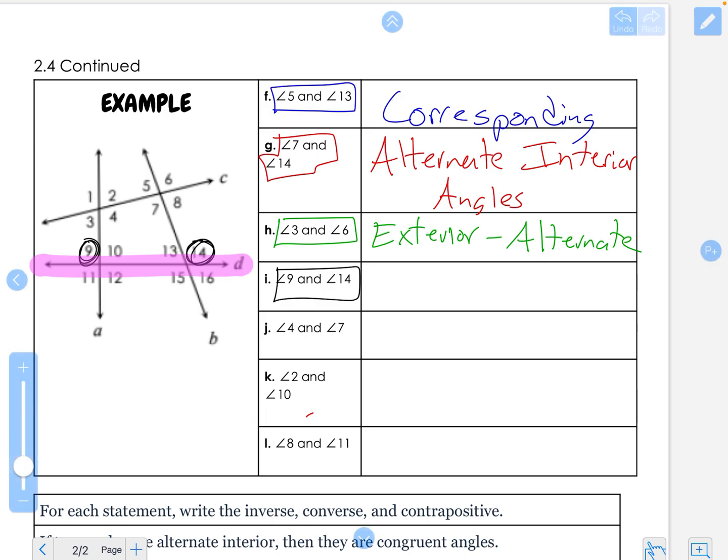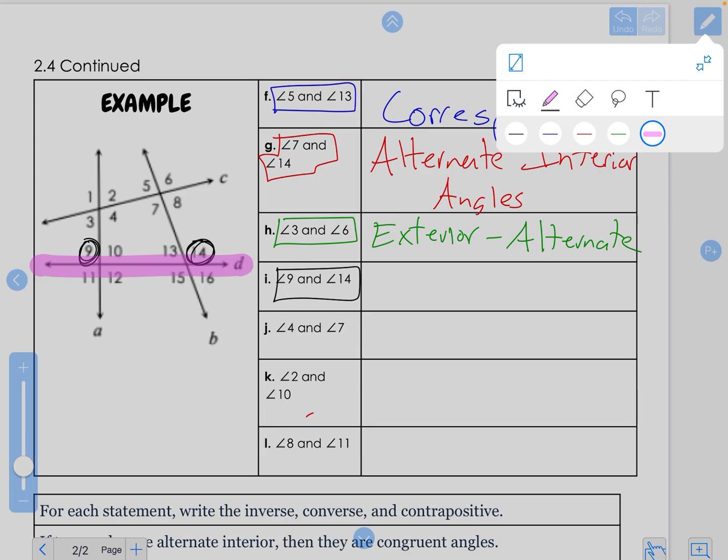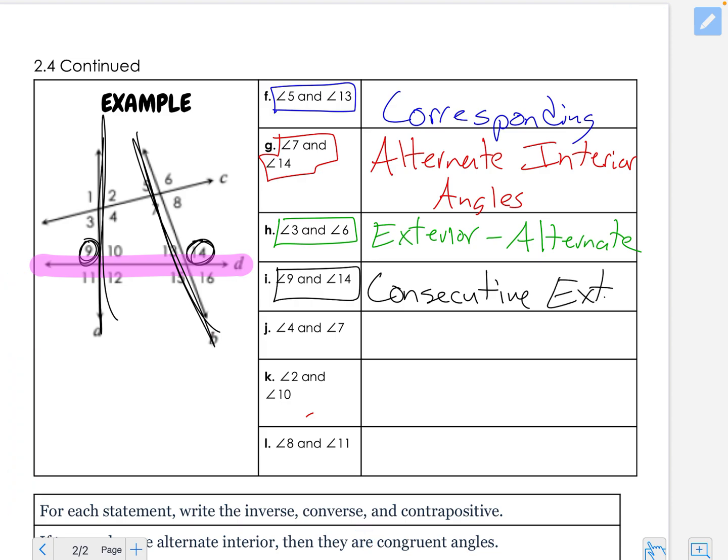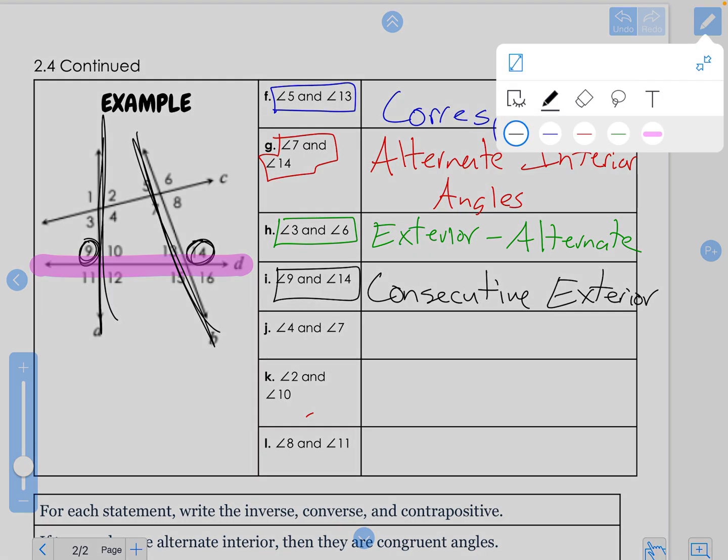So that tells me that line D is going to be my transversal. Right away I notice that both 9 and 14 are on the same side of the transversal. They're both above the transversal. So that means they're going to be consecutive. And then they are outside of A and B, which makes them exterior. So they're consecutive exterior angles.